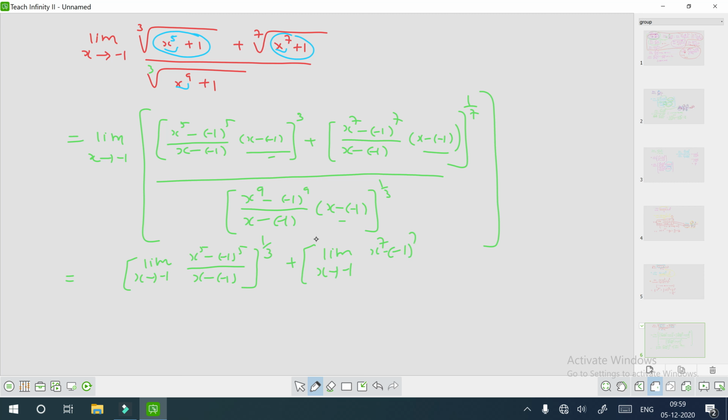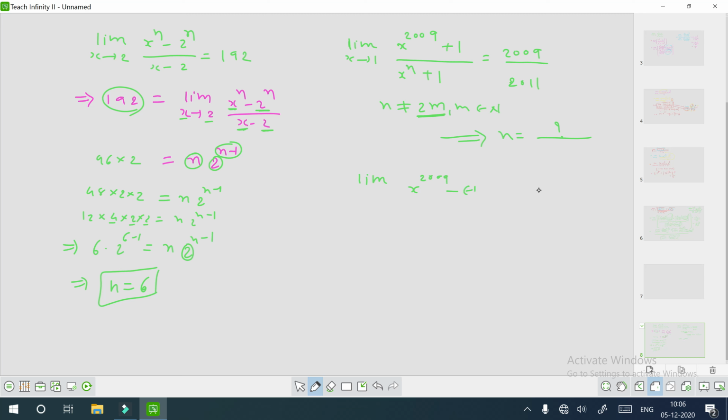Now, here x tends to -1. Limit x tends to -1 of (x raised to 2009 minus (-1) raised to 2009) over (x raised to n minus (-1) raised to n). What is the answer given? 2009 by 2011.